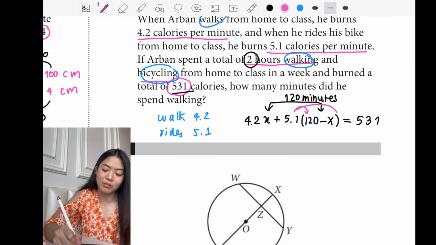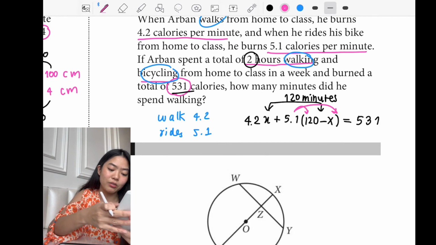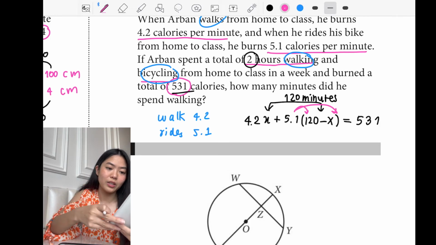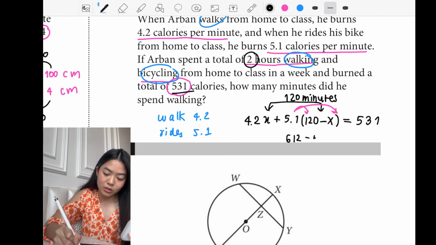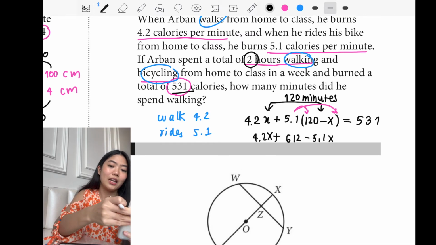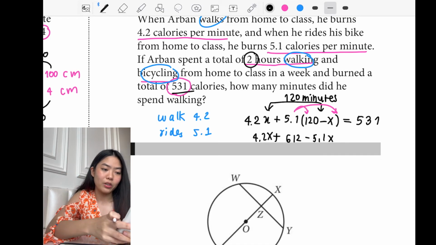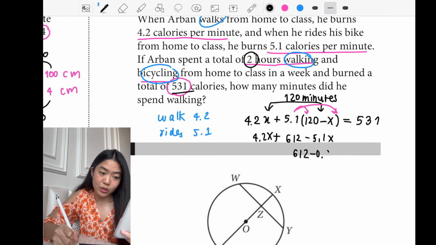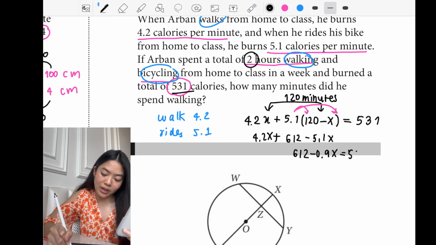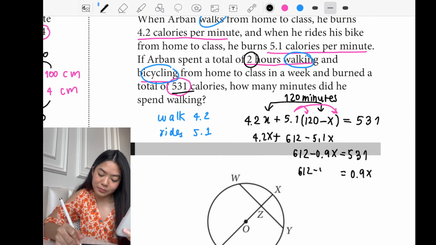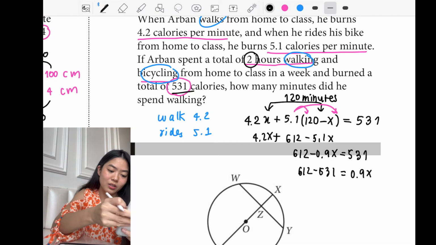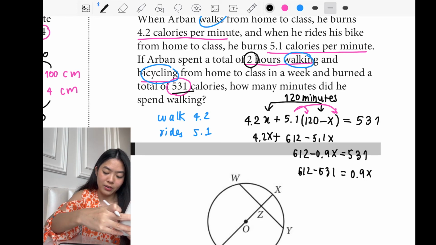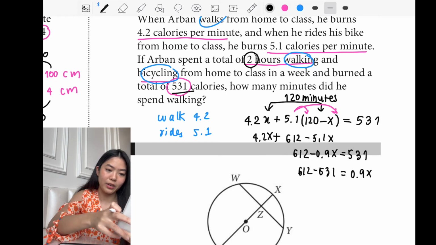By expanding 5.1 inside here, 5.1 times 120 is 612, minus 5.1x plus 4.2x. Then I will subtract 4.2 from 5.1: 612 minus 0.9x equals 531, and then I will solve for x. 612 subtract 531 and then divide by 0.9.